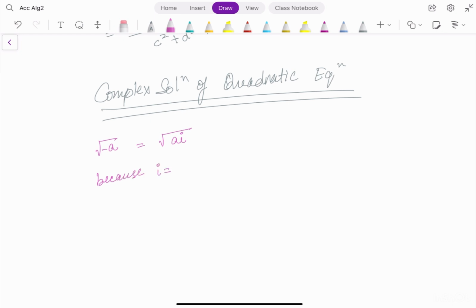For example, if we have radical of -8, I can write it as radical 8 times i, right? This is called the principal square root of a negative number.